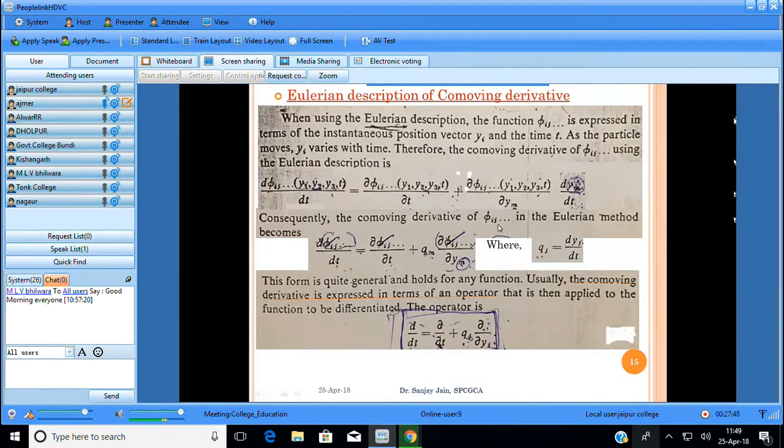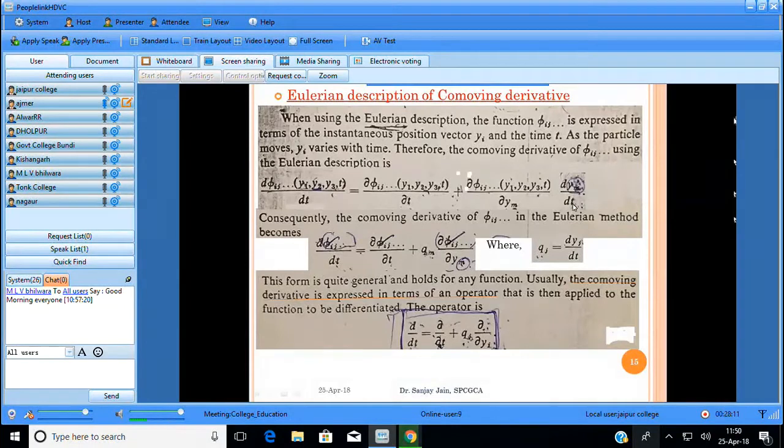Consequently, the co-moving derivative of phi ij in the Eulerian method, d phi by dt, can be written as del phi by del t plus, now I come to this point, dym by dt. What is ym?